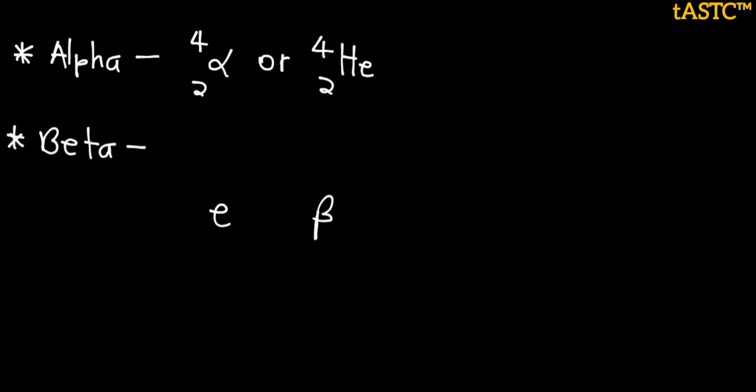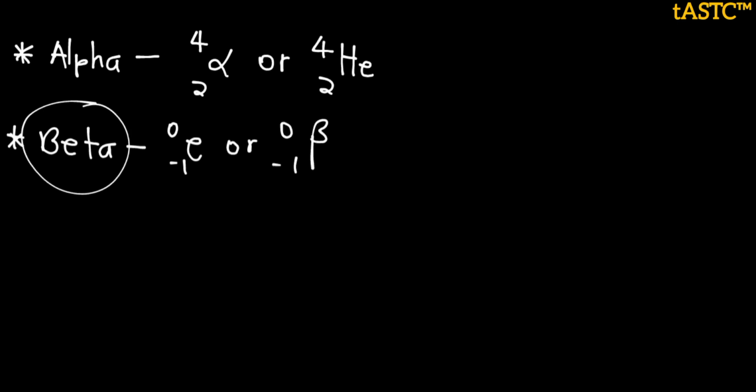But generally, beta particles have a mass number of 0 and an atomic number of -1. So this should be what should be here also. So I'm going to write it here. You're going to have 0 and -1. Now, this is the same thing.